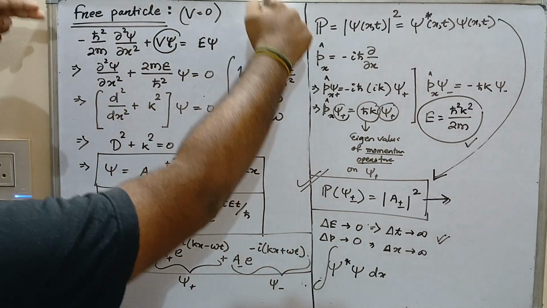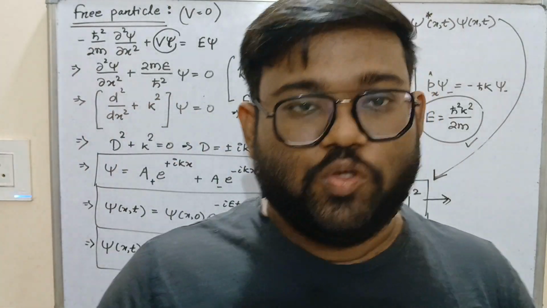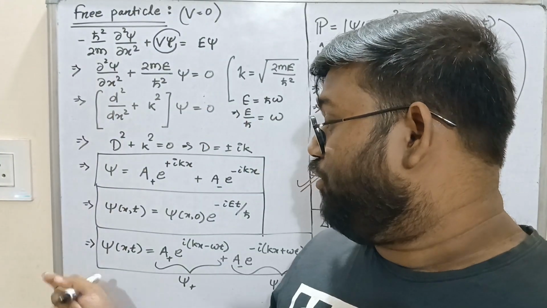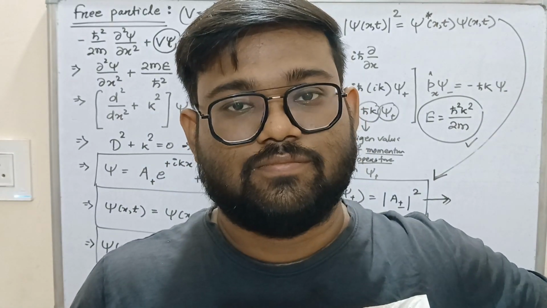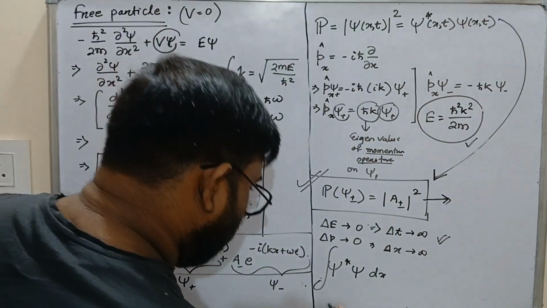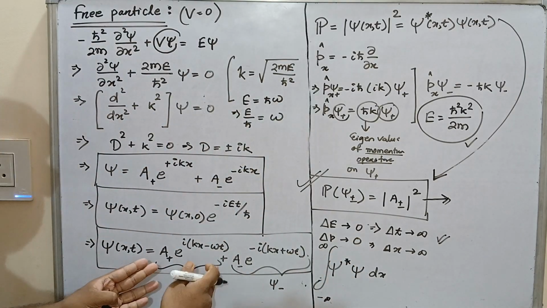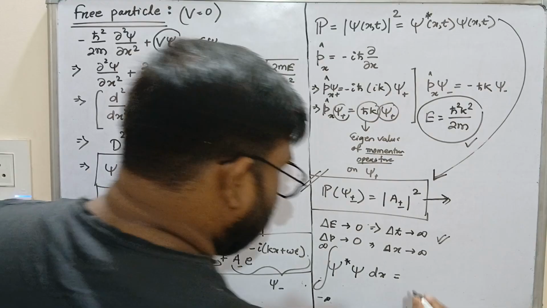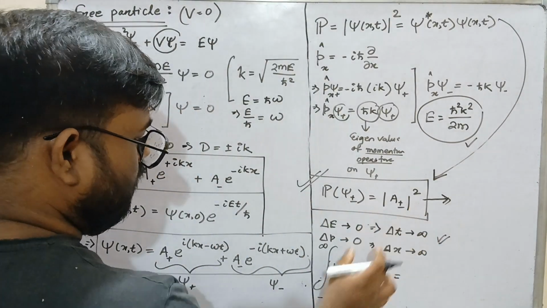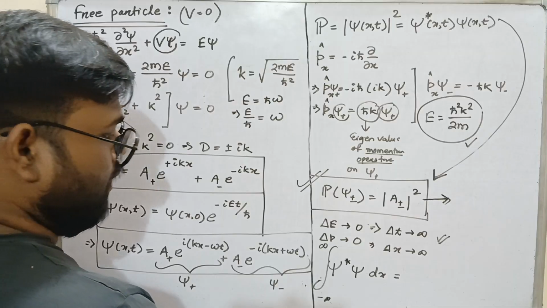Now in this system, there is no limit. It means we have to do it from minus infinity to plus infinity. So when you do that here, this is the probability density, and this is a constant, so the constant will come out of the integration.